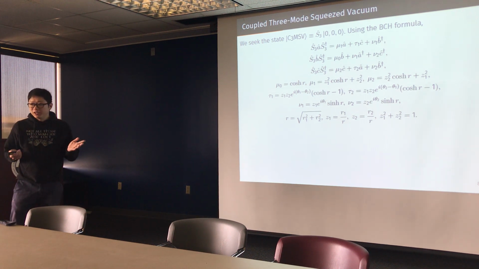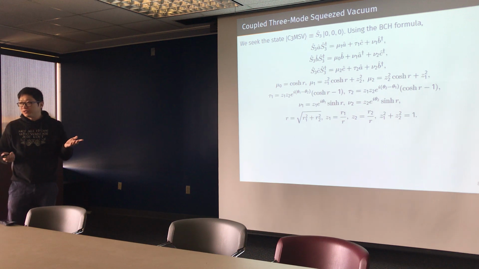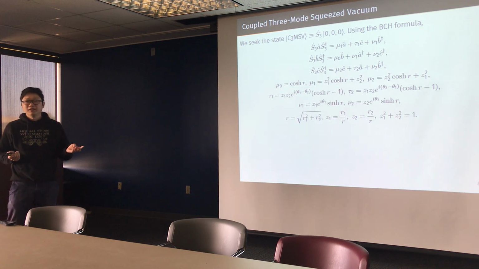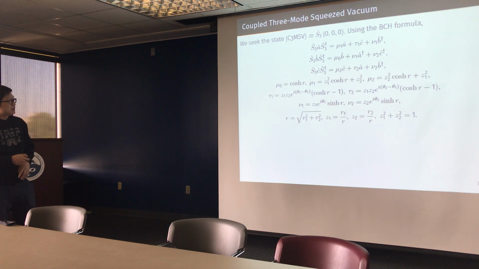All you have to know is that the mu's, the tau's, and the nu's are functions of the squeezing parameters R1, R2, theta 1, theta 2. Another important thing is the R here. R is actually the square root of R1 squared plus R2 squared, and this is where the coupling comes from. So we have the cosh R term and the sinh R term.